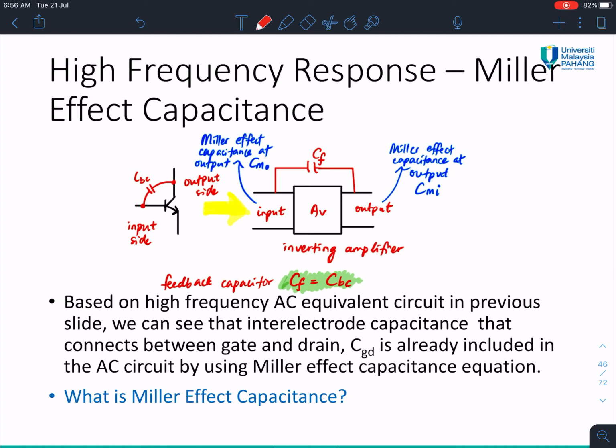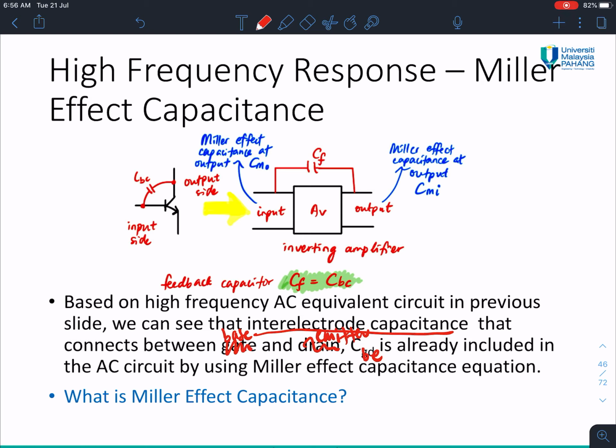Based on the high frequency AC equivalent circuit in the previous slide, we can see that the interelectrode capacitance between base and emitter, CBE, is already included in the AC circuit, while the Miller effect capacitance equation handles the rest.